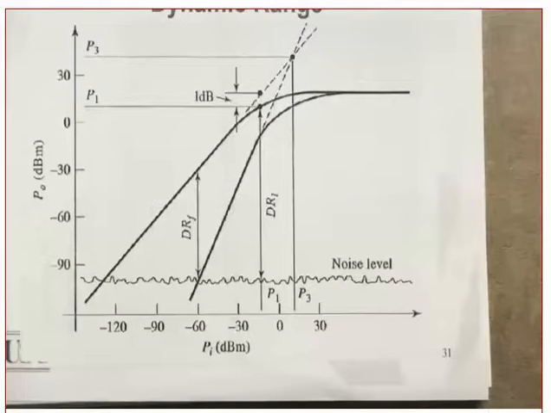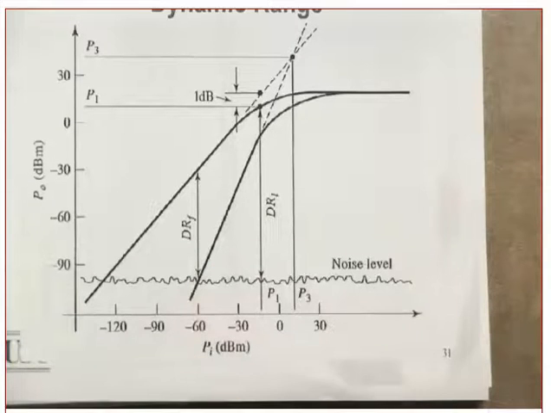But you have to always remember, as the number of users using the same frequency at the same time increases, even though they use different codes, the codes are orthogonal at the point where they are transmitted. By the time they reach the receiver, they are no longer orthogonal.